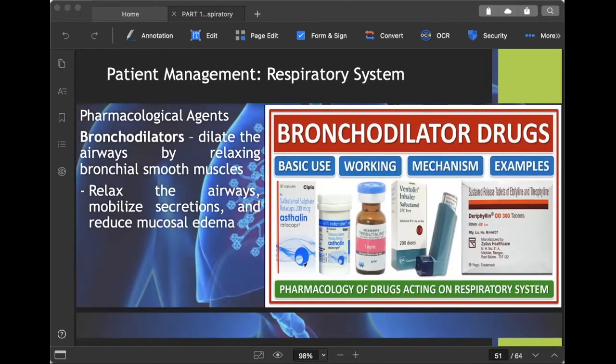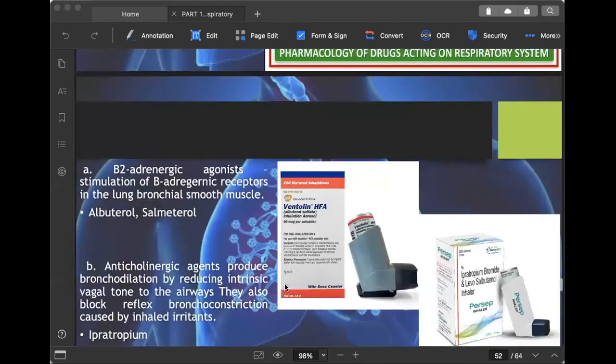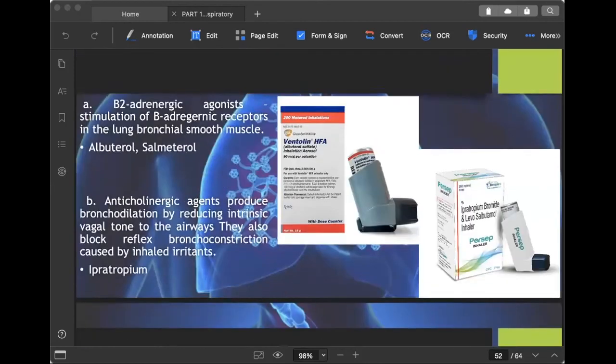Okay, so here we have your adrenergic agonist as well as your anticholinergic agent. In terms of your beta-2 adrenergic agonist, this is the mainstay treatment for patients who have asthma actually, and also your COPD.